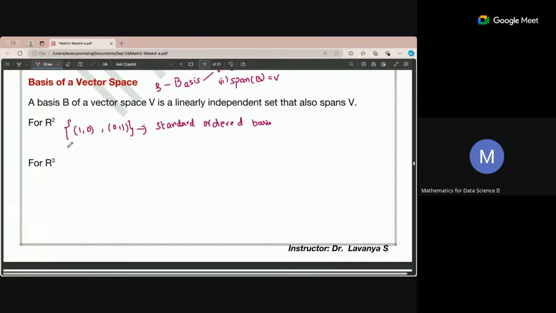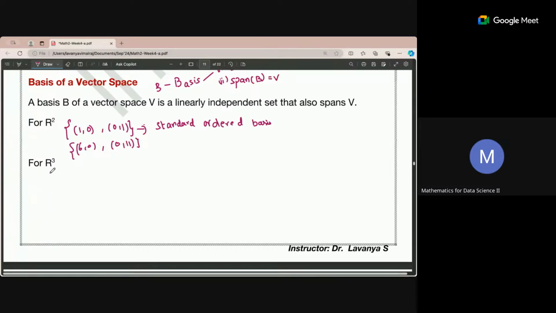Any other basis? (6,0) and then (0,1). Okay, fine. This is another basis. So like this, you can construct so many bases.